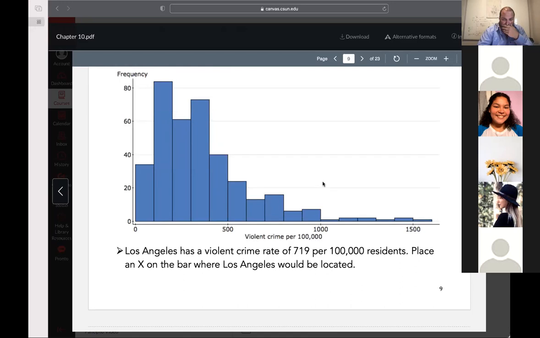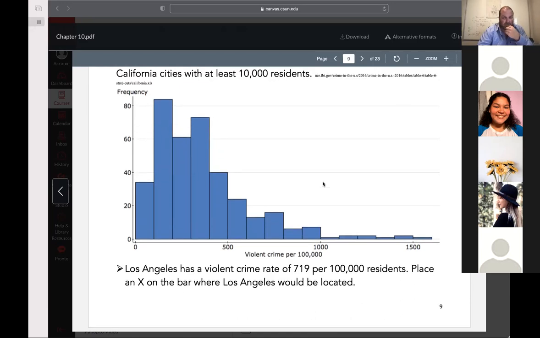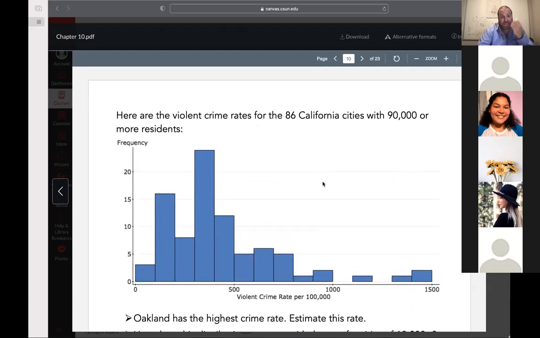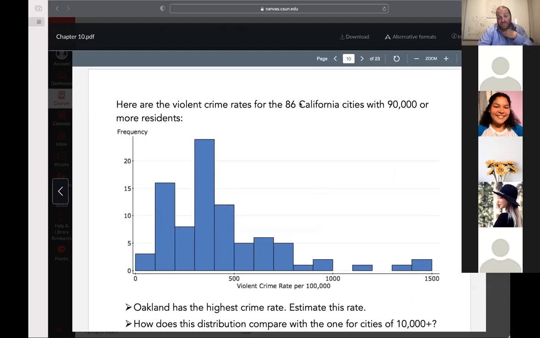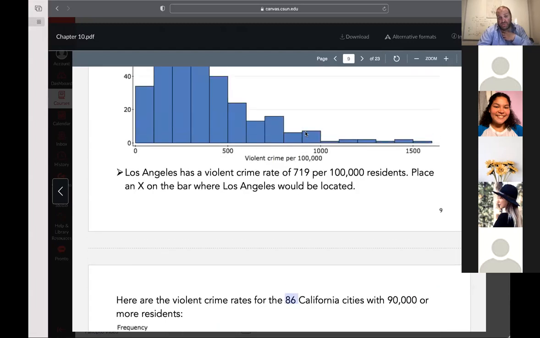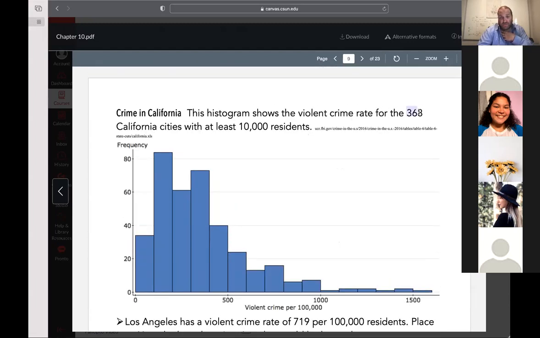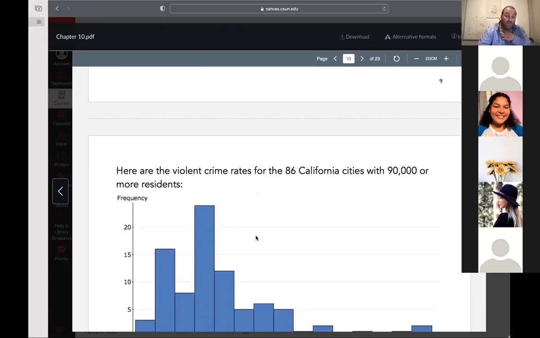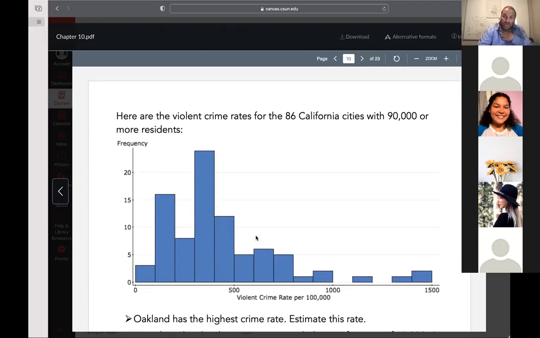Well, the one for 90,000 has a lower frequency. Yeah, it has lower frequencies because there's only 86 data points. You're certainly going to have fewer data points. But I think what they're asking more is in terms of the shape, the center, the variability, the various things that we were addressing in the last couple slides. How do these 2 compare?